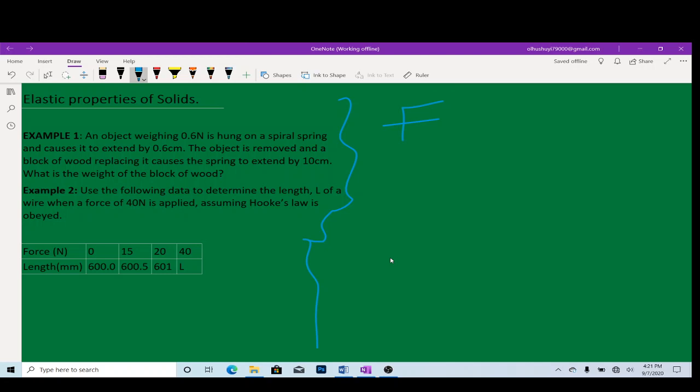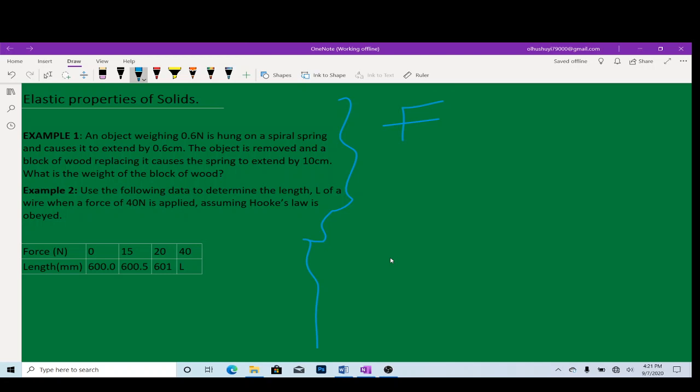So here, when we have 0 newtons, the length is 600 millimeters. When we have 15 newtons, there will be a new length of 600.5 millimeters. When we have a force of 20 newtons, we have a length of 600.1 millimeters.